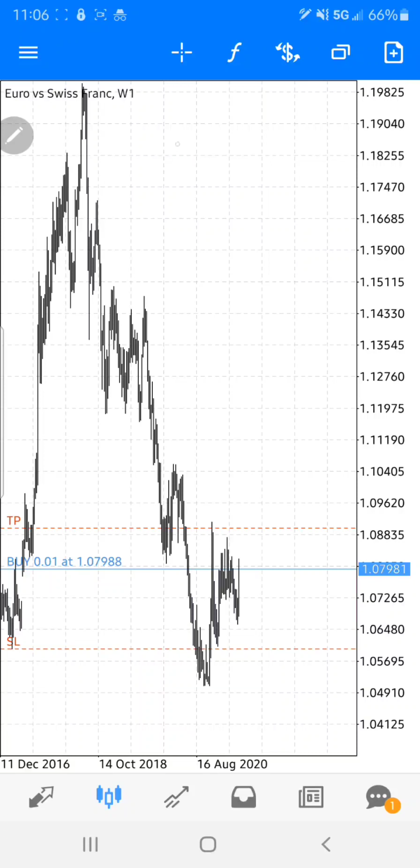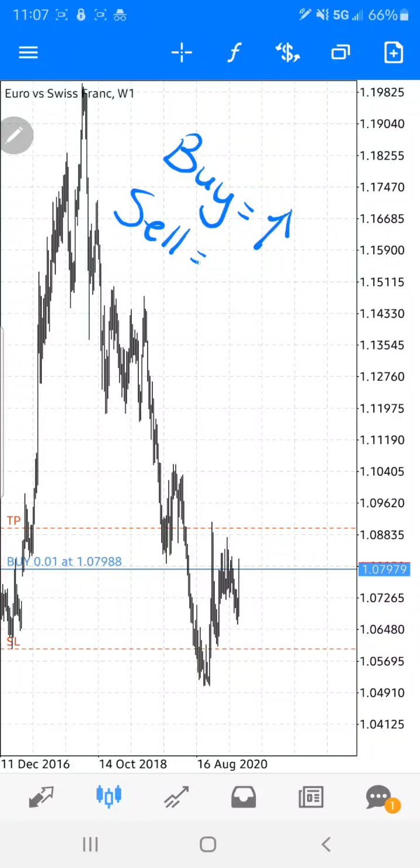Start with your take profit, because this literally shows you where your take profit is supposed to be. So if you are buying, where does your take profit go? Above current price. And if you are in a sell, where does your take profit go? Below current price. So buying means that you think the market's going up.